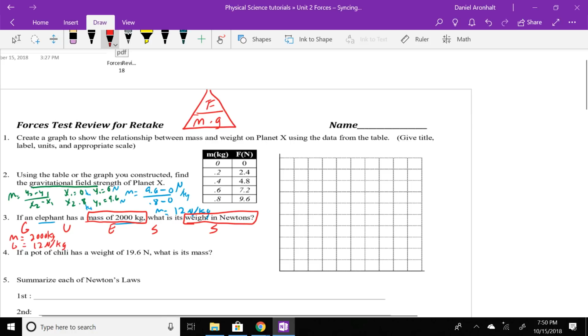And my class has been drilled on this, and you have too. Another term for weight is force. Force and weight are the same thing. Remember, weight and force can change, mass cannot. So when you're looking at this problem, your unknown is going to be force or weight. So what's the equation? Cover up force, and you're left with m times g.